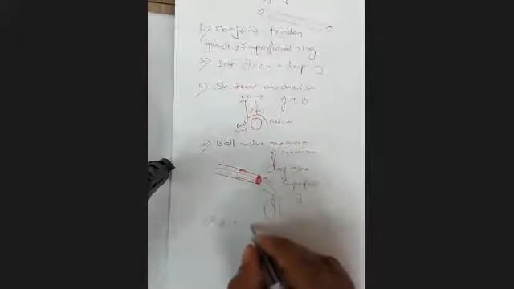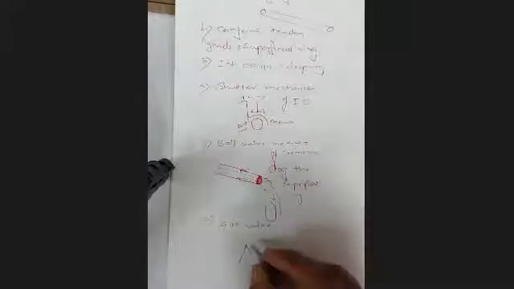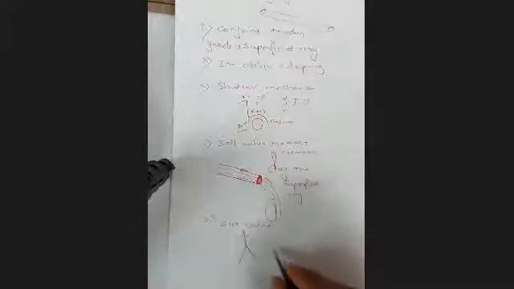Then there is the slit valve mechanism. The external oblique muscle is like this, and in the external oblique is the superficial ring. Whenever the external oblique contracts, this slit reduces in size.